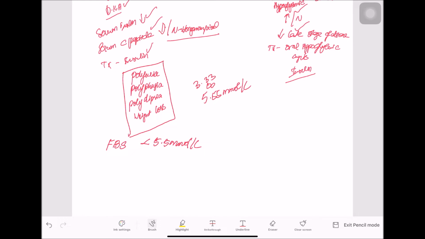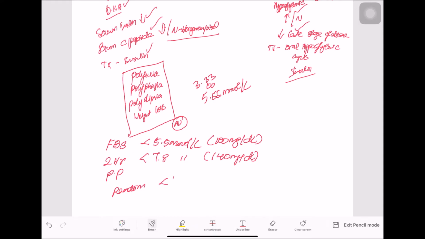The fasting blood glucose normal range is less than 5.5 millimole per liter, or we can say 100 milligram per deciliter. 2 hours postprandial value is less than 7.8 millimole per liter, that is 140 milligram per deciliter. Random blood glucose level is less than 11.1 millimole per liter, that is less than 200 milligram per deciliter. So this is the normal value.